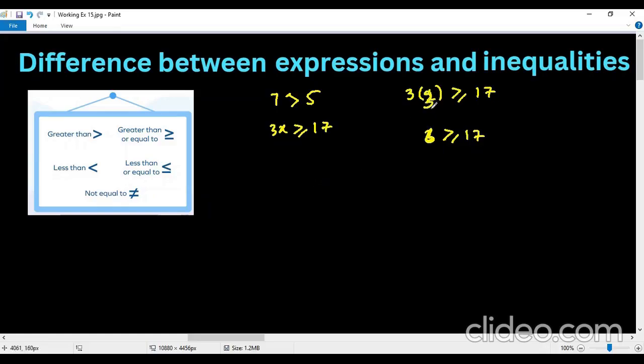So 3 times 3 is 9, and 9 is not greater than 17. That's how we are going to work out the value of x which makes the given inequality a true statement. In the second part, if the inequality is already given to you and they're asking you to check whether it is true or false, this is how we are going to work in this exercise.